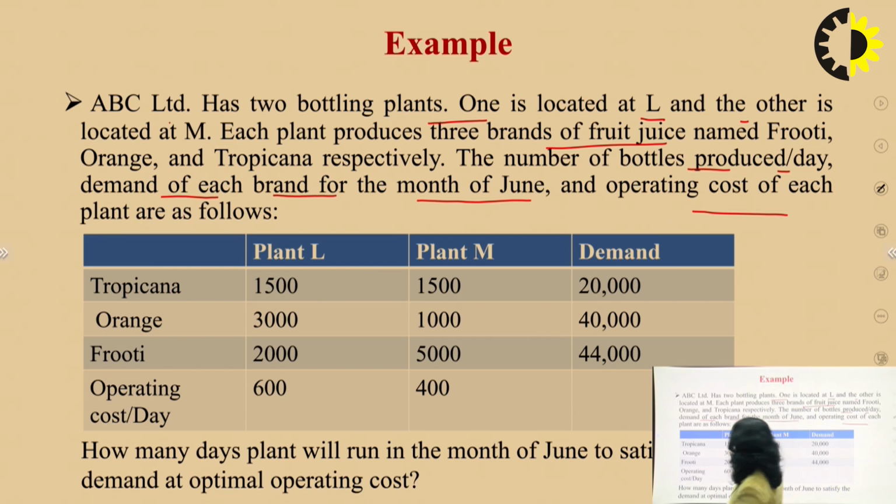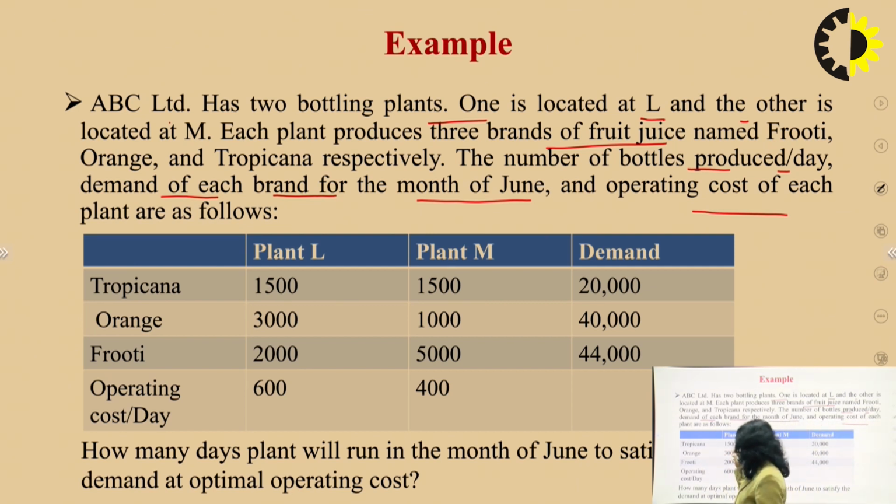So we can see here the Tropicana juice. For Tropicana juice, the number of bottles that are produced are 1500 at plant L, and for plant M it is 1500, and the demand for the month of June is 20,000. For orange it is 3000 at plant L and 1000 at plant M, and the demand is 40,000.